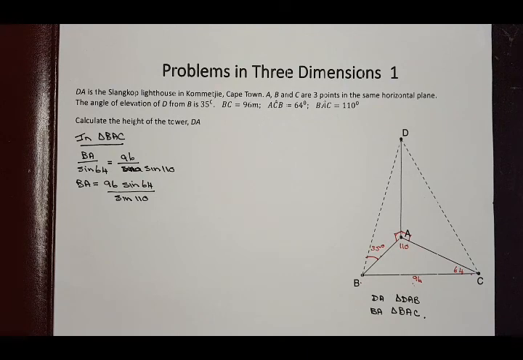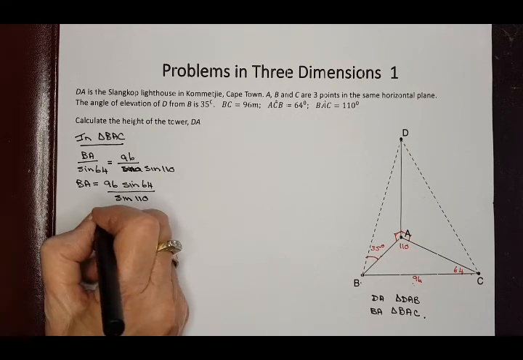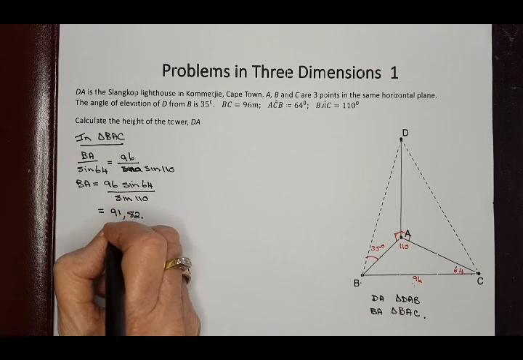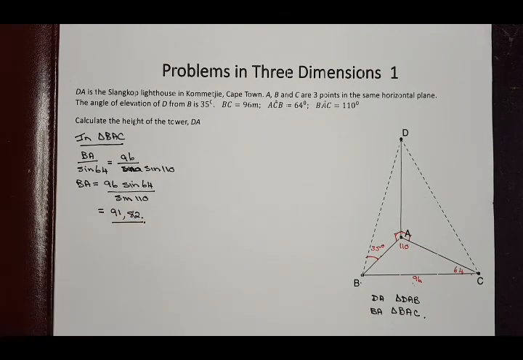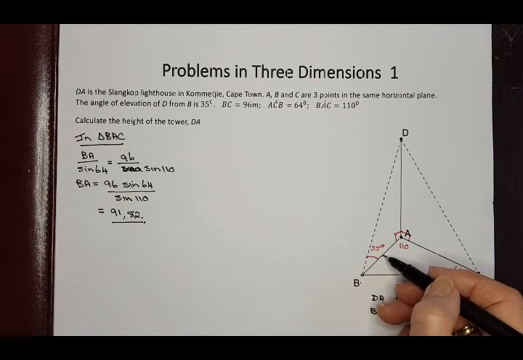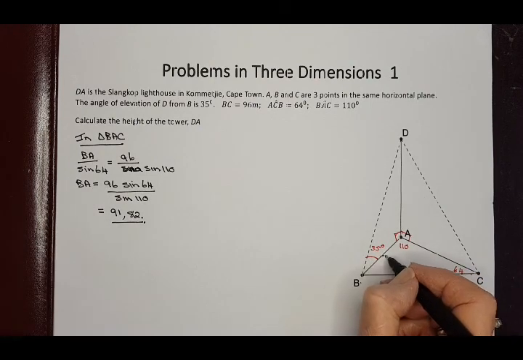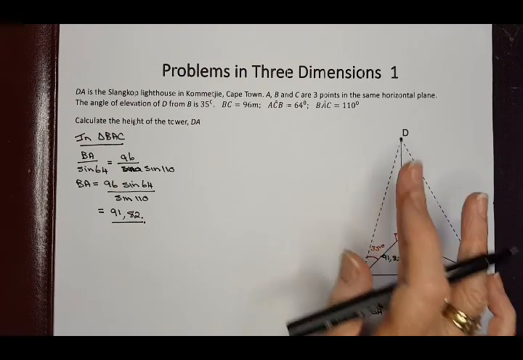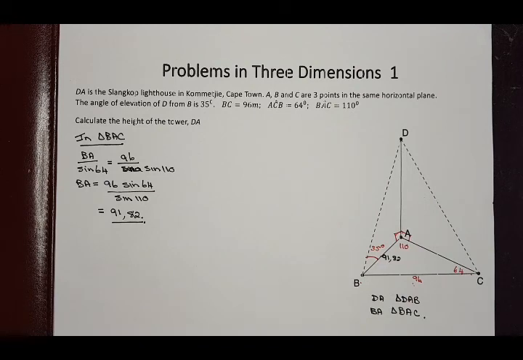When I work that out, it is 96 sine of 64 all over sine of 110, and my answer is 91,82. I've now found this length over here, 91,82.